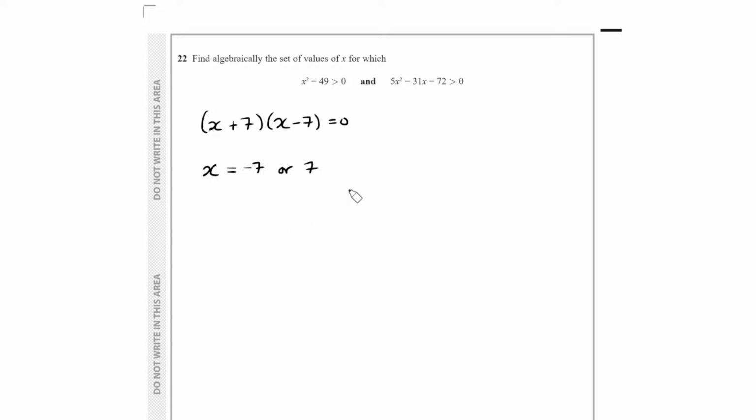If you just memorize which way the symbol faces means this type of answer, then we can put the inequality symbols back.